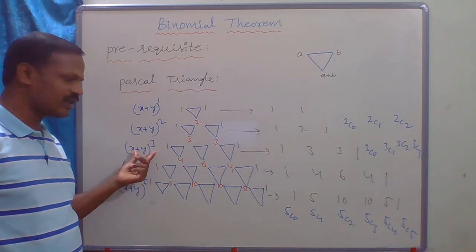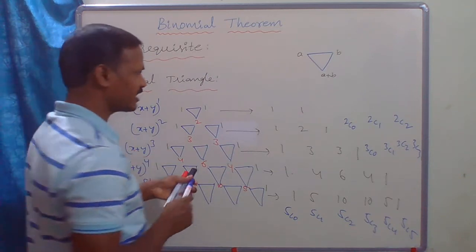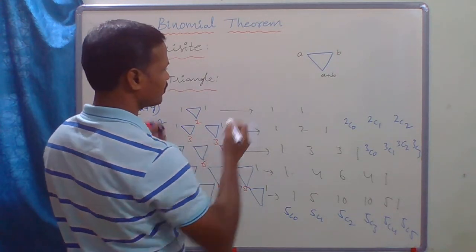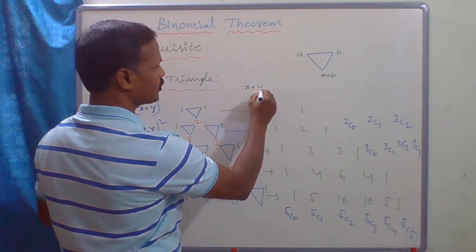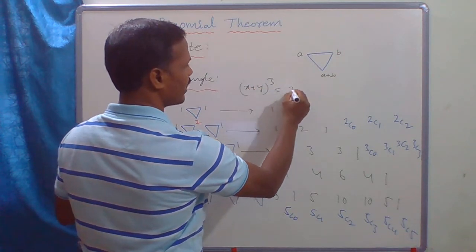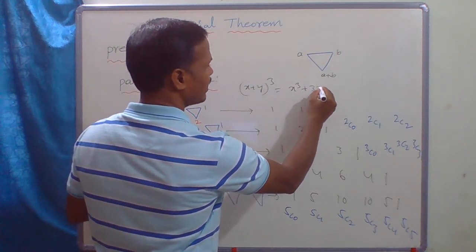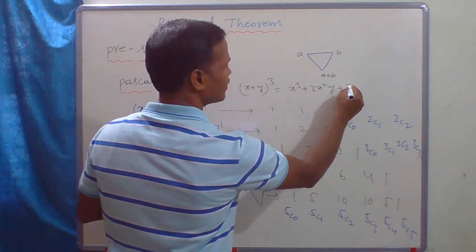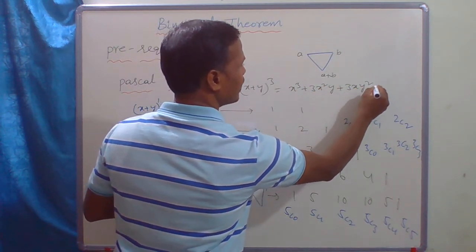Suppose x plus y whole cube. You know the formula: x plus y whole cube is equal to x cube plus 3x square y plus 3x y square plus y cube.